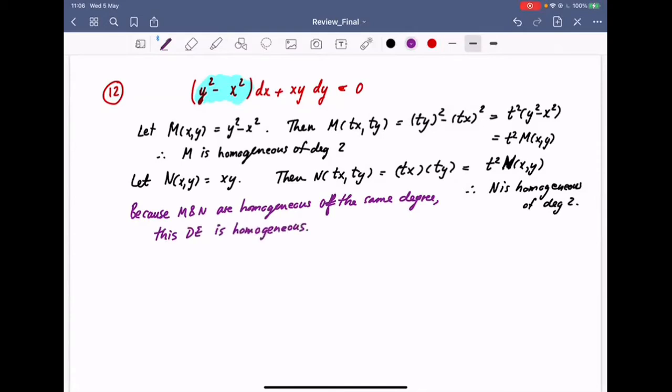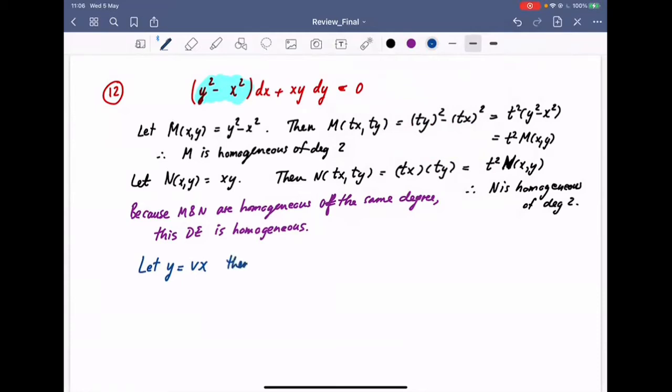Once you know that the differential equation is homogeneous, it's time to solve it. As you know from class, it's going to be long, but you have to do it. The first step is to check that the equation is homogeneous. The second step is to let y equal vx.